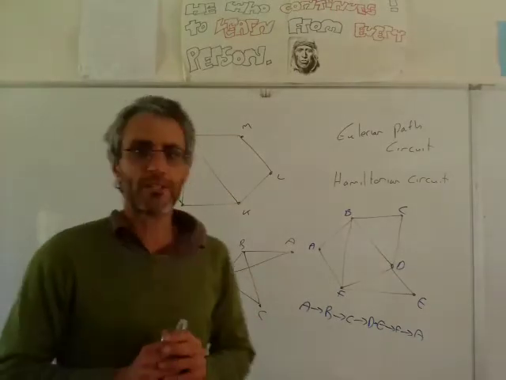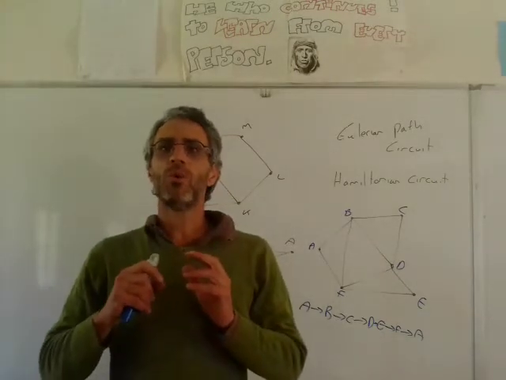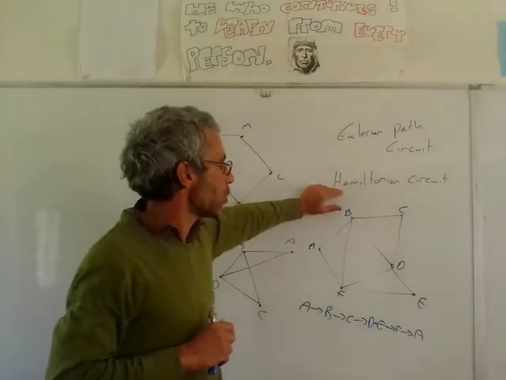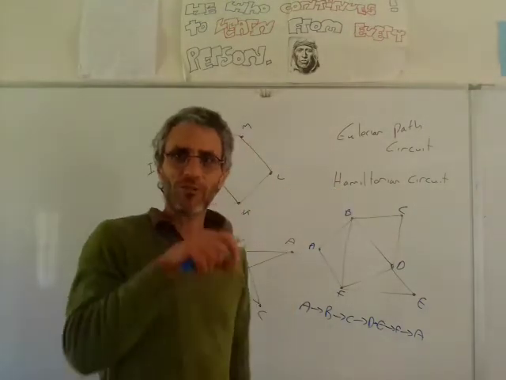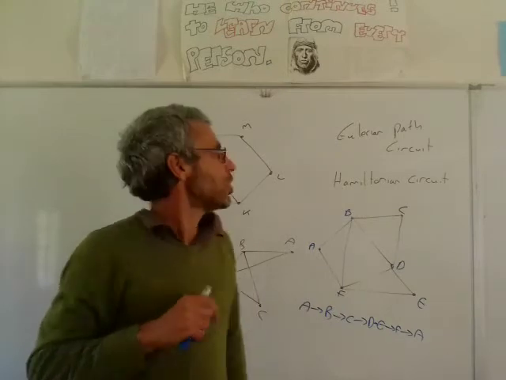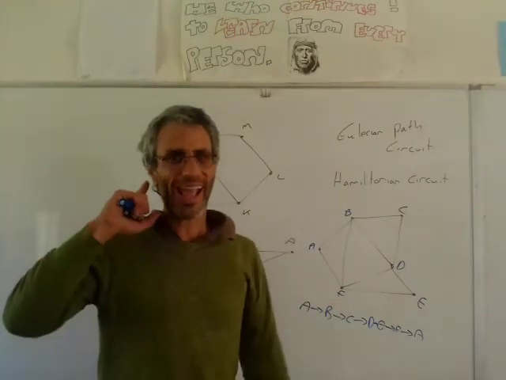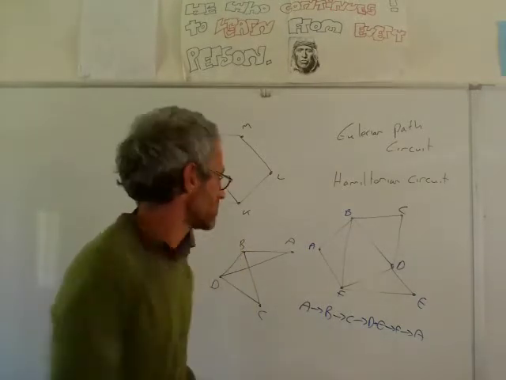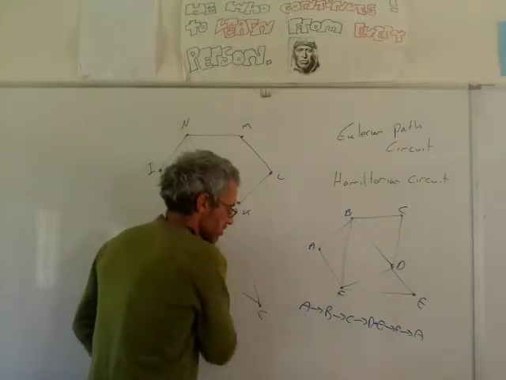So if this is a Hamiltonian circuit, what is Euler about? If Hamilton is all about the vertices, I have to visit all the vertices. Euler sounds like edges, E for edges. Euler is all about the edges.